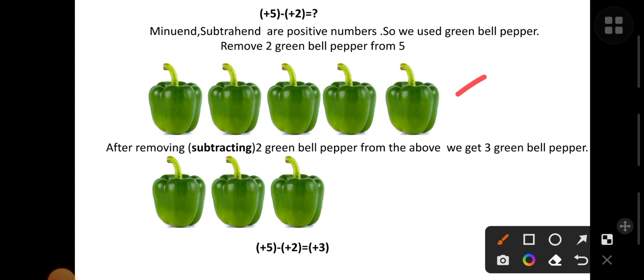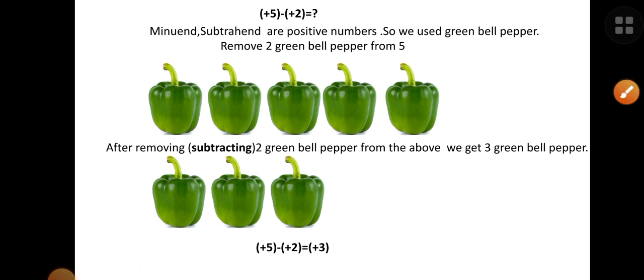After removing or subtracting 2 green bell pepper from the above, we get 3 green bell pepper. So the answer for the question is +3. +5 minus of +2 is equal to +3. This is the answer.